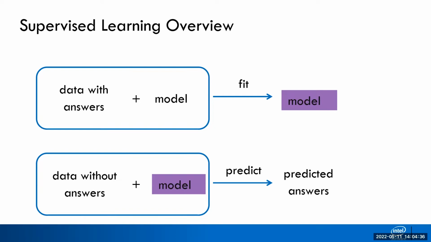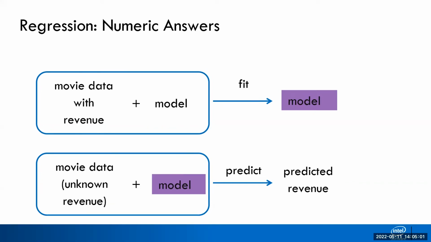To determine the model, we use fitting. We fit the model using pre-defined data to determine the parameters of the model. Once the parameters have been fit, then we predict with the model on some other test data. This is how supervised learning works.